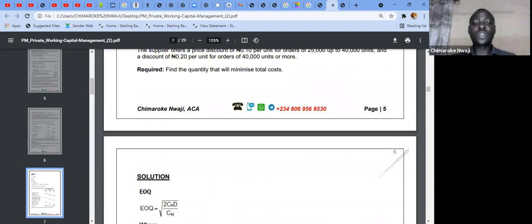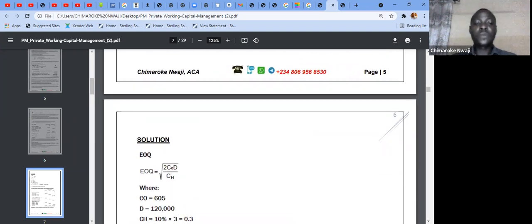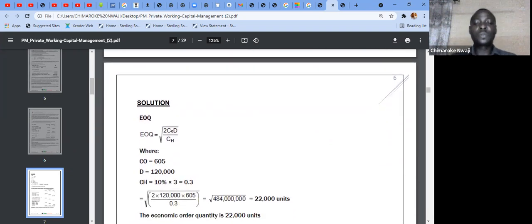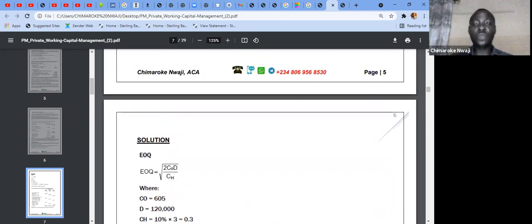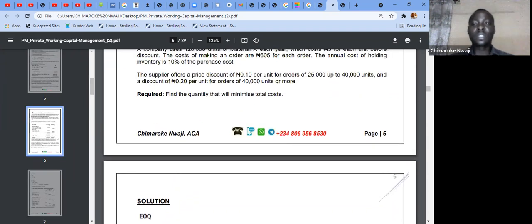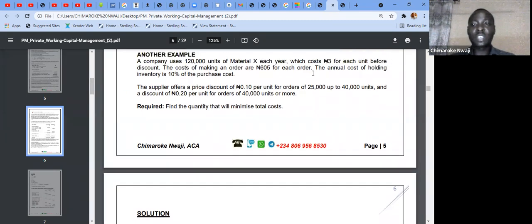First is to look for EOQ. When we did our EOQ, we found that our economic order quantity is 22,000 units. So now we are stuck with this. If you buy 22,000 units, you'll be buying at 3 naira.